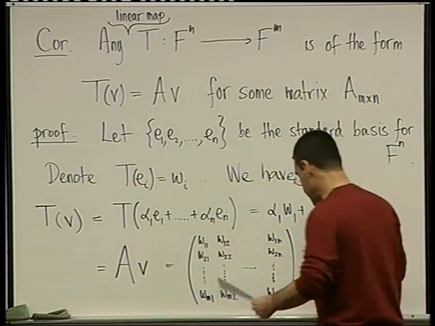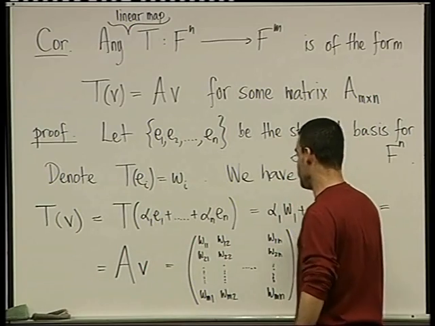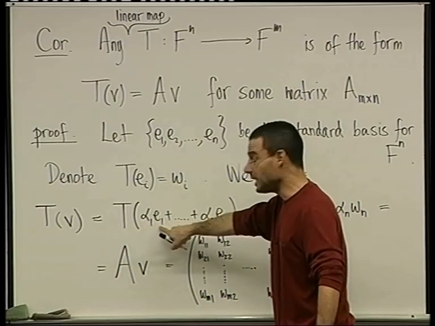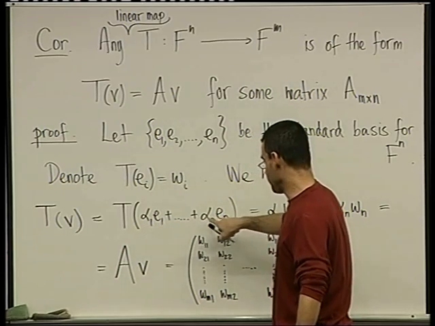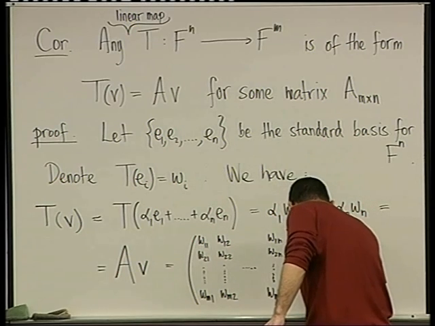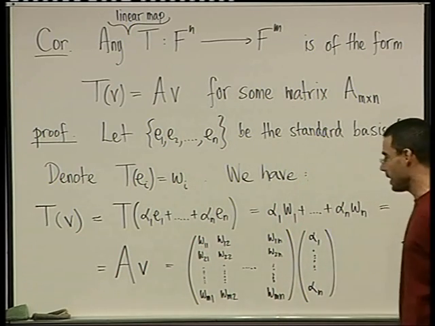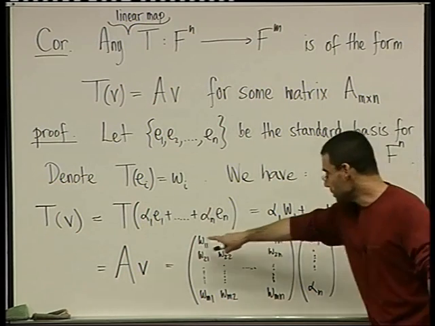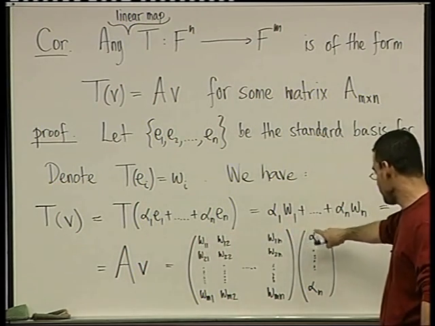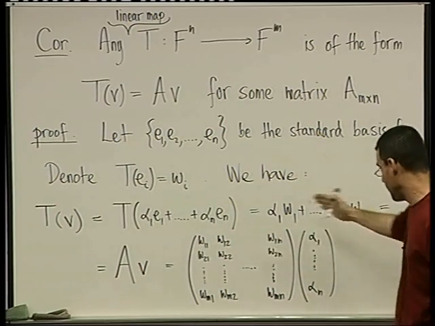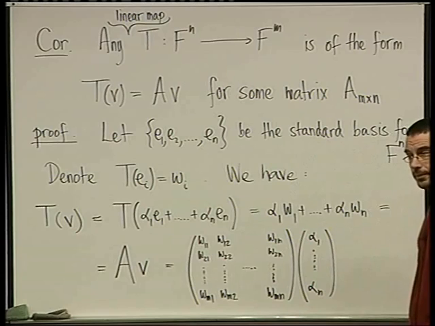And I'm going to multiply that by V. What is V? V is alpha 1 E1 plus ... alpha n En. So V is precisely this vector. Alpha 1 through alpha n. Right? So multiply, you get this times this, and this times this, and you can spell it out. It's precisely this linear combination.